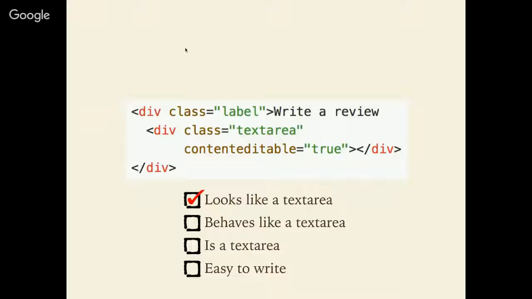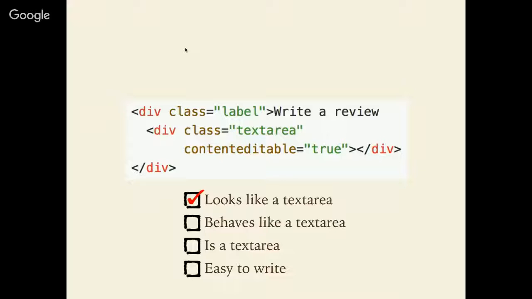So because of the classes, this looks like a text area, but it most certainly doesn't behave like a text area. It isn't a text area, and it's not really easy to write. Contenteditable is a very long attribute. If you set that on an element, it's actually included in the tab index.